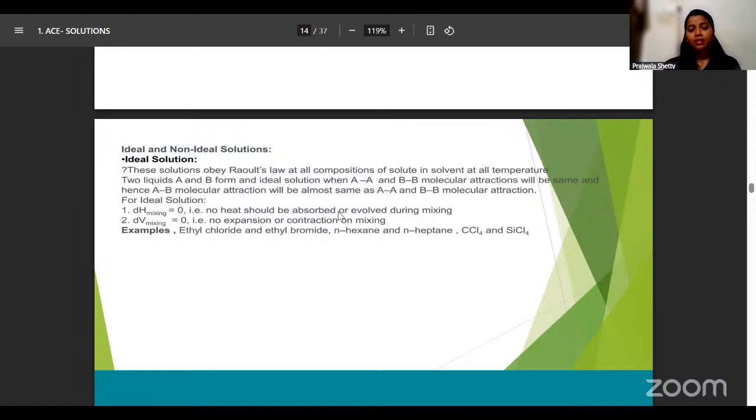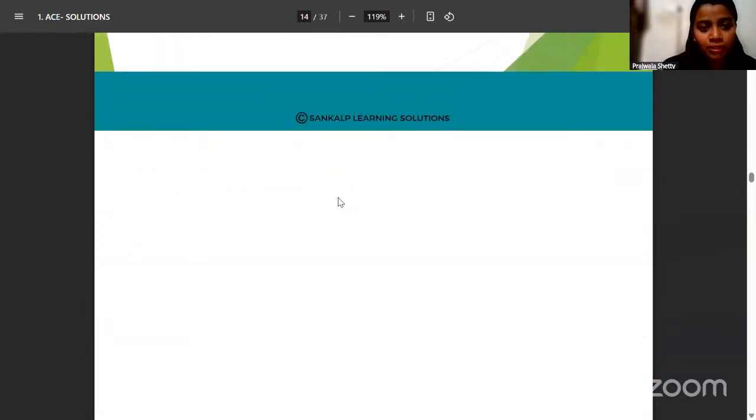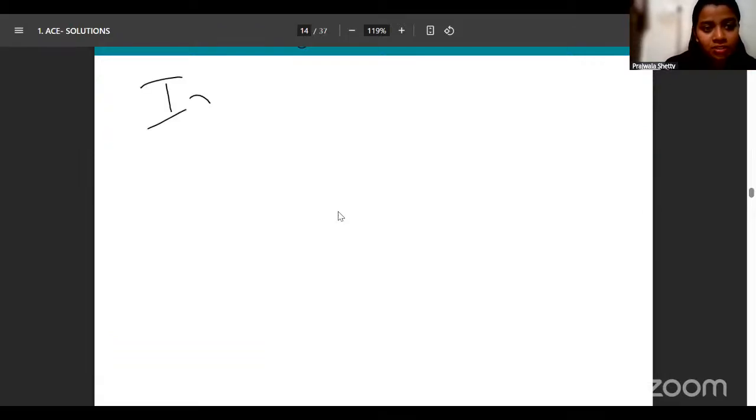Liquid solutions can be classified into ideal and non-ideal solutions, on the basis of Raoult's law. Let's consider ideal and non-ideal.